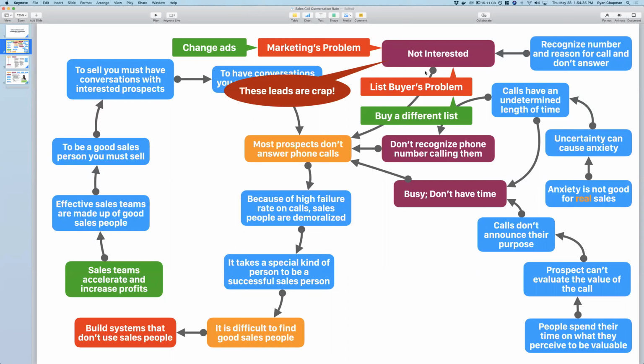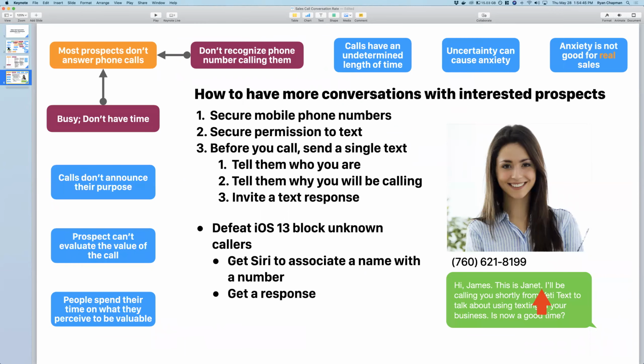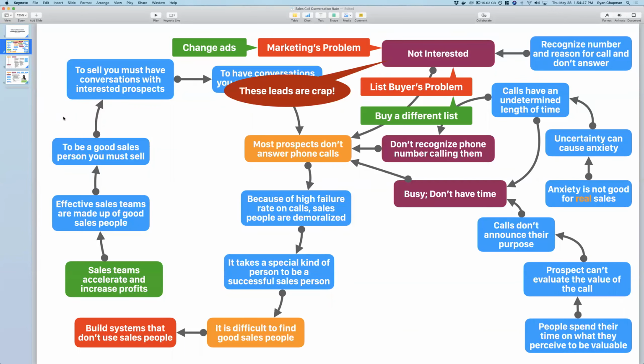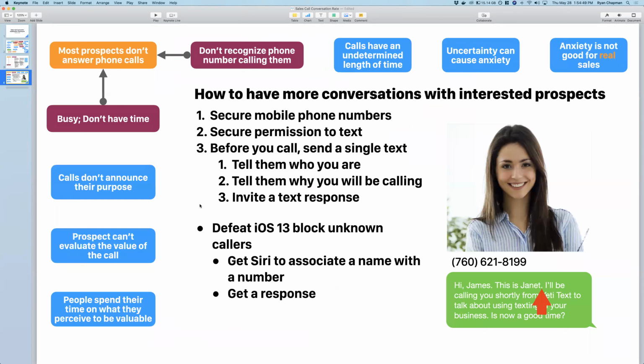They have to recognize that most of the people they're calling that aren't answering are not in the not interested category. They are in the don't recognize the phone number and busy category. If you put this into place and you teach them all of this, then the natural consequences, they'll see it in the results. When people start texting them back, when people start answering that weren't answering before, when they start getting past the block unknown callers, and people that didn't even know they were calling now see it, you're just going to get better results across the board.